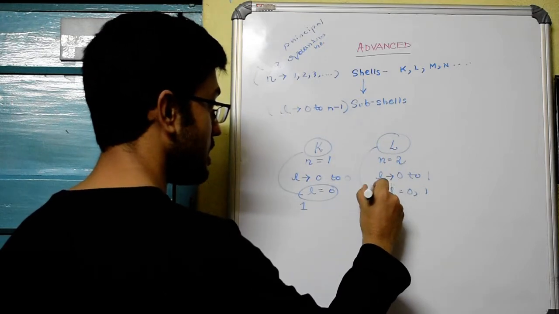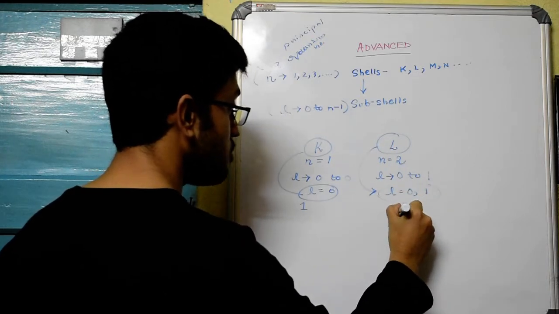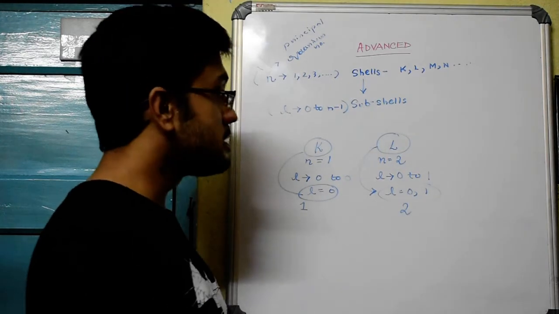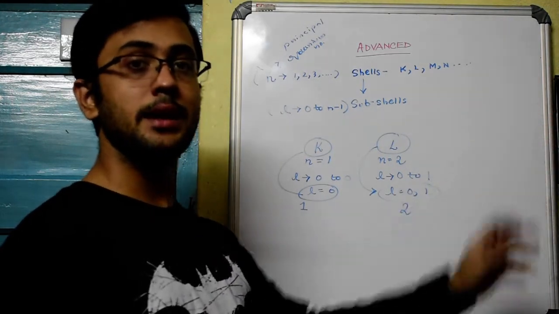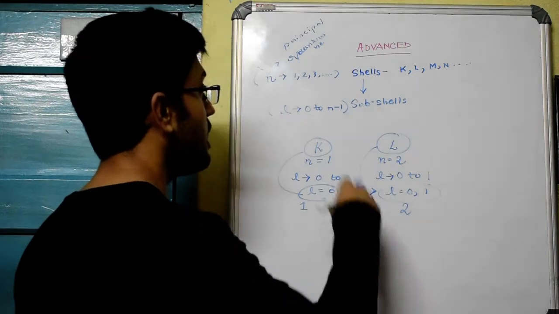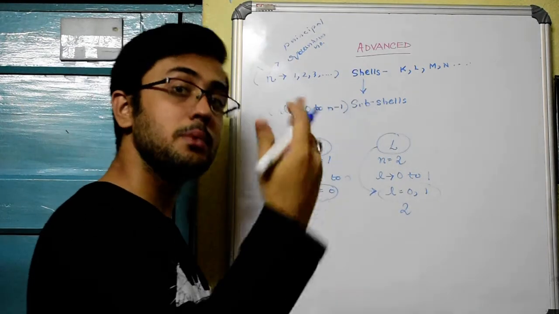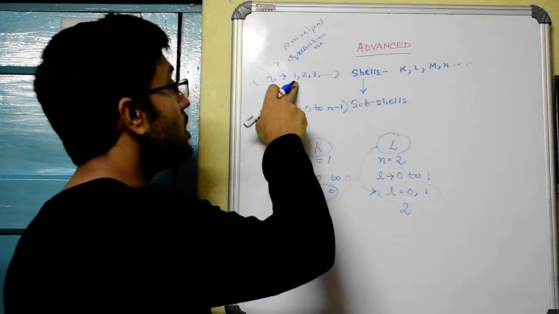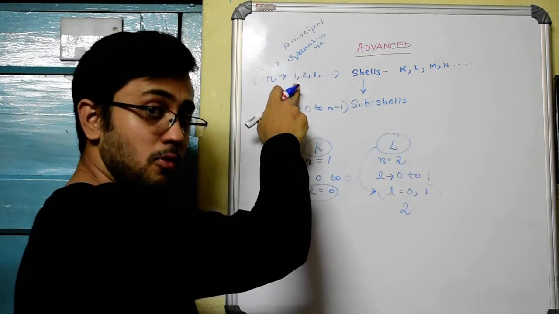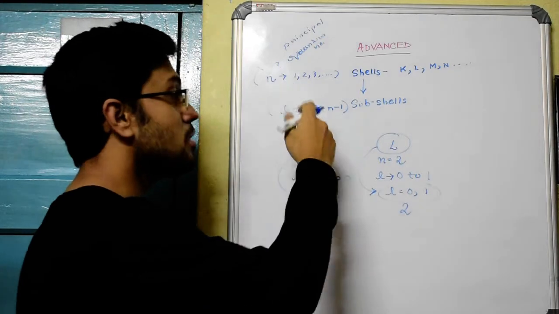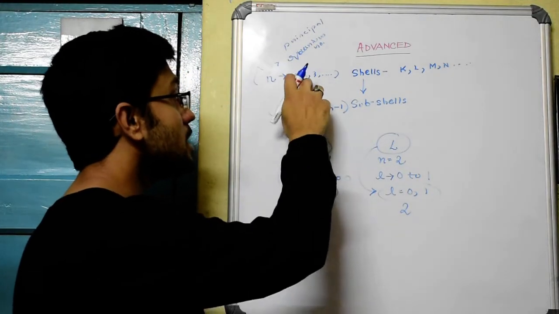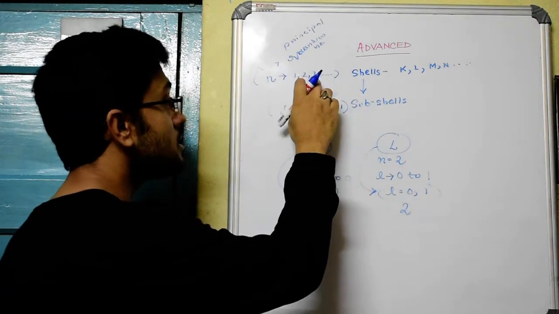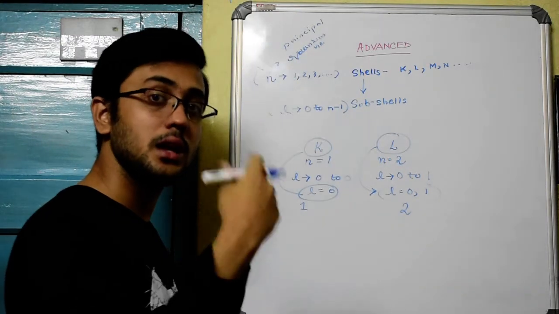So the L shell has got 2 subshells. Similarly, you can check for M, N and so on. In short, every shell will have that many subshells as the value of its n. So the first shell has got 1 subshell, the second shell has got 2 subshells, the third shell has got 3 subshells, and so on.